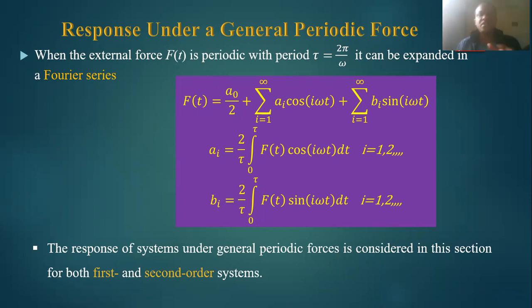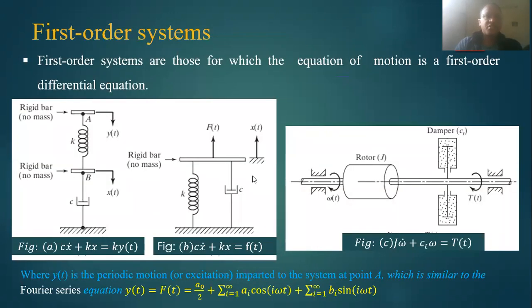A first order system has the first derivative only, such as x dot, that is velocity, and a second order system has acceleration, x double dot. So that is the meaning of order. We already discussed it in an earlier lecture. So what are the first order systems in our vibration analysis? Let's see some of them.